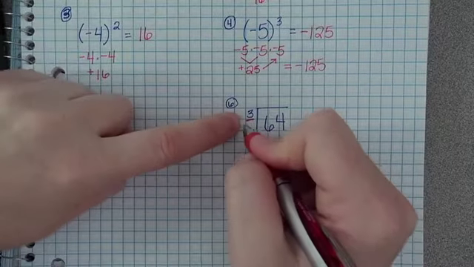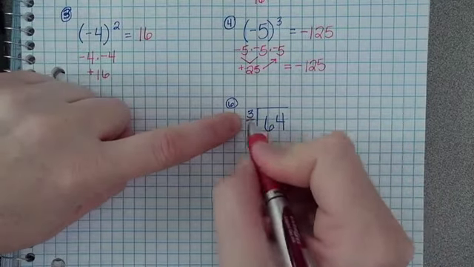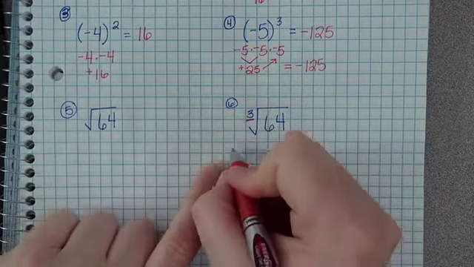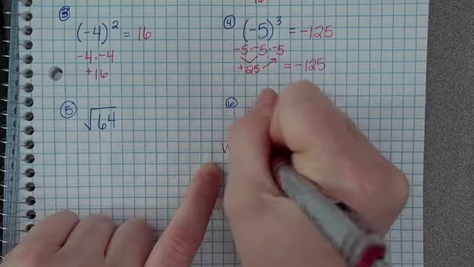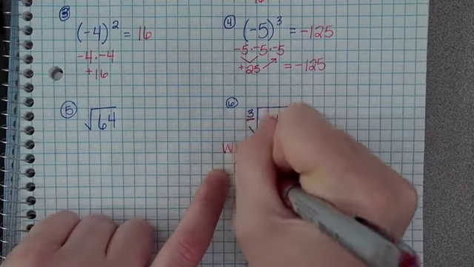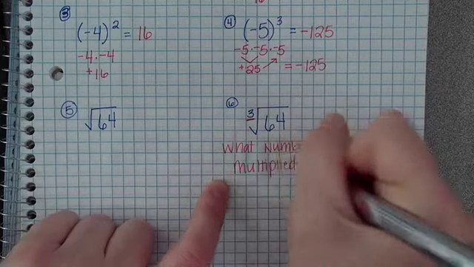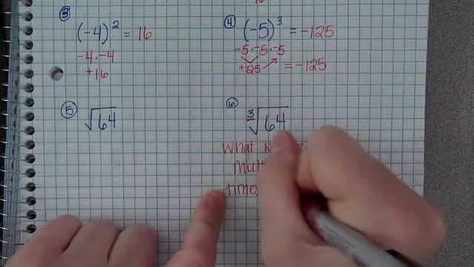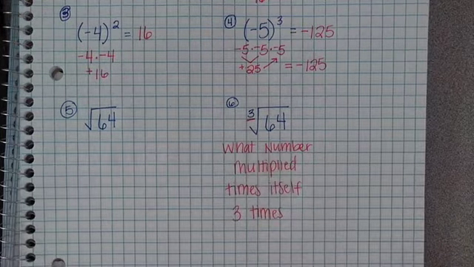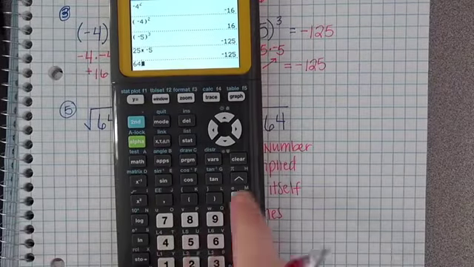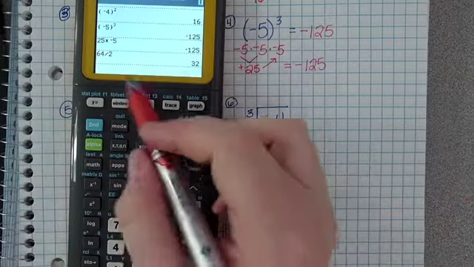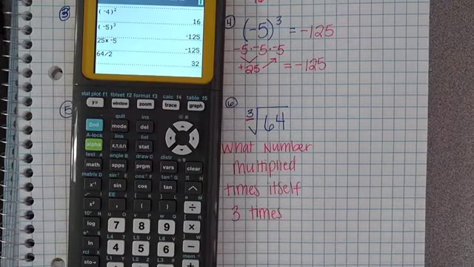If you take the cube root of 64, you're looking for what number multiplied times itself 3 times gives 64. You can't just say, oh, well, 64 divided by 2 is 32, so 2 and 32. It has to be the same number multiplying times itself.